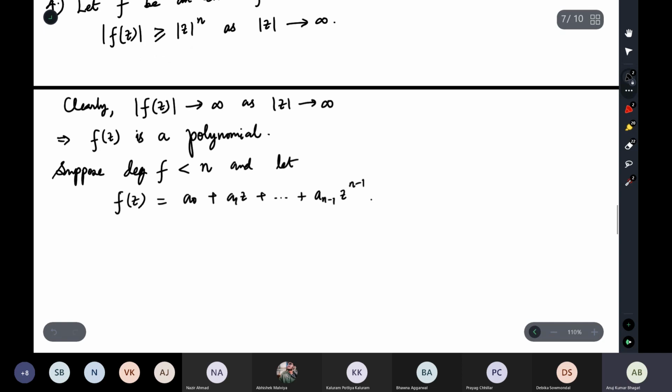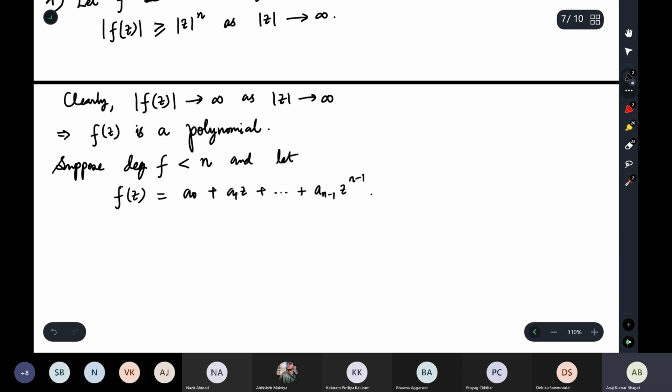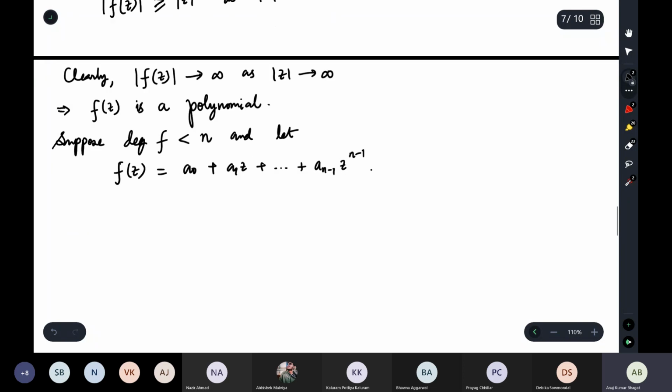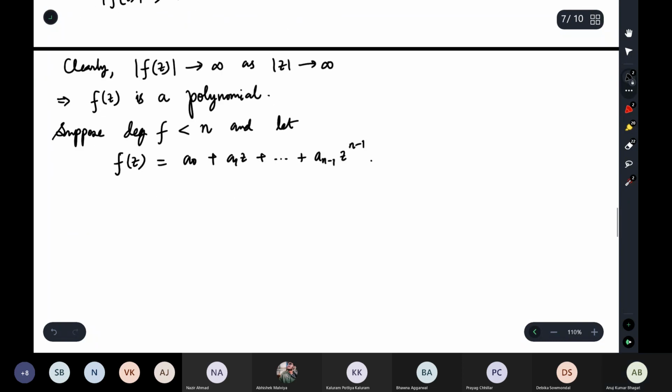From this, just note that. What is modulus of f(z)? Let's calculate the modulus of f(z), which is modulus of this quantity.